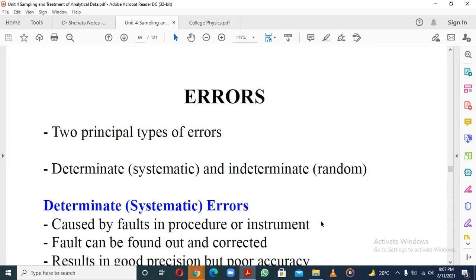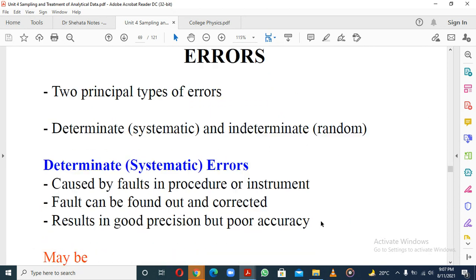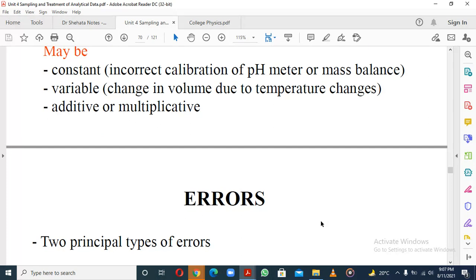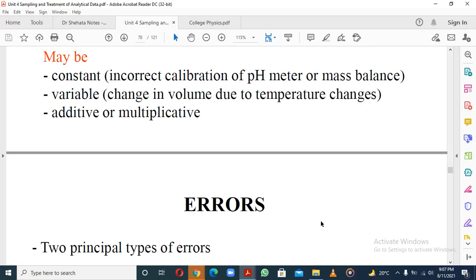Then the next part is just giving examples of what those errors could be. It could be the calibration of the pH meter, or maybe your mass balance has a problem. So that could be constant, meaning throughout your experiment you'll be getting that same wrong value, or the value can be higher or lesser.